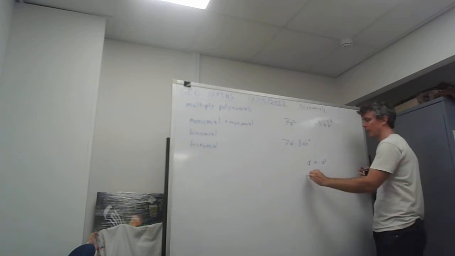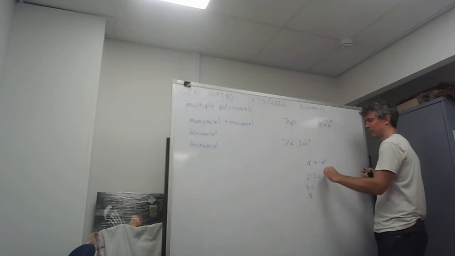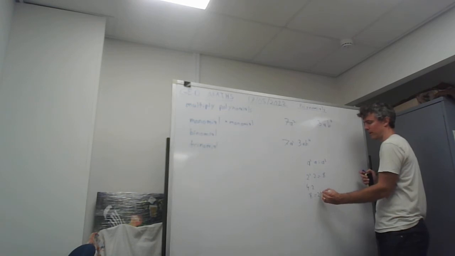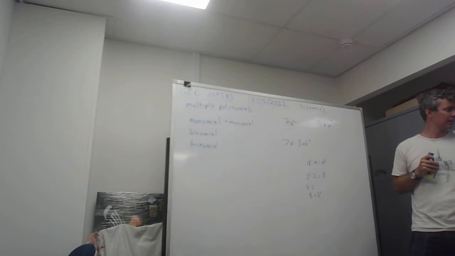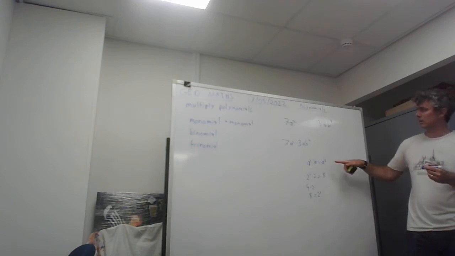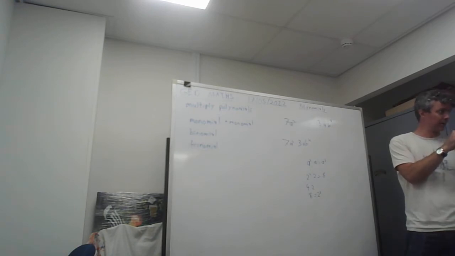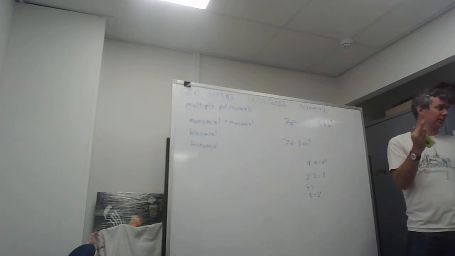So I can show you that with an example. 2 squared times 2 is 4 times 2 equals 8, and 8 equals 2 to the power of 3. You see that? So when you multiply any number that has exponents, you add the exponents.